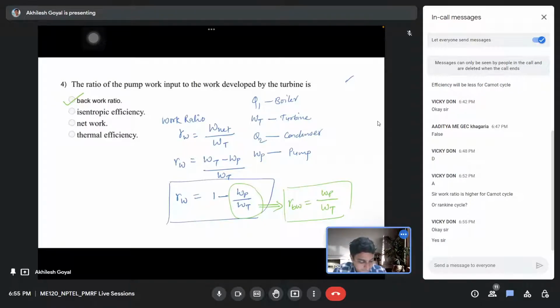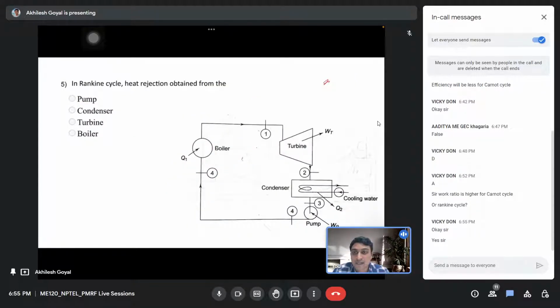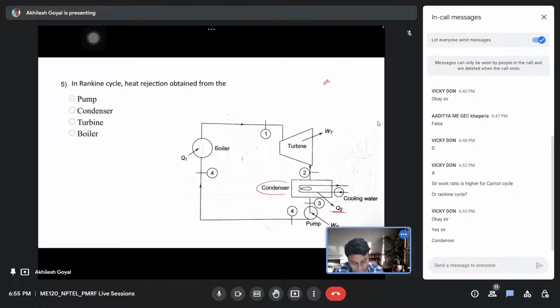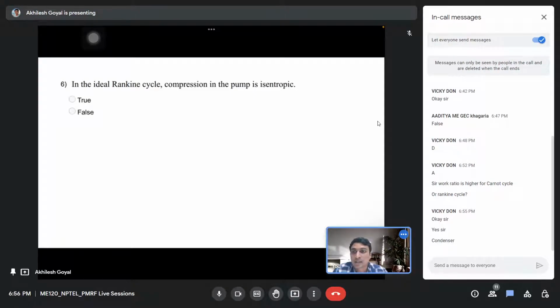In Rankine cycle, heat rejection obtained from the... So in Rankine cycle, where is heat rejected? Heat is rejected in condenser. So pump is wrong, condenser is right, turbine is wrong, boiler is wrong. In Rankine cycle, heat is rejected in the condenser. Next question: in the ideal Rankine cycle, compression in the pump is isentropic.